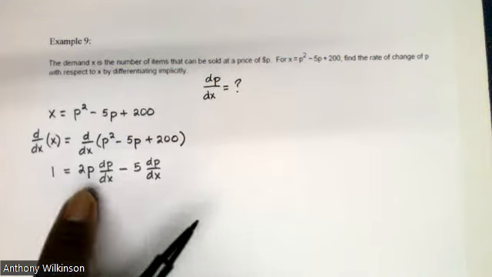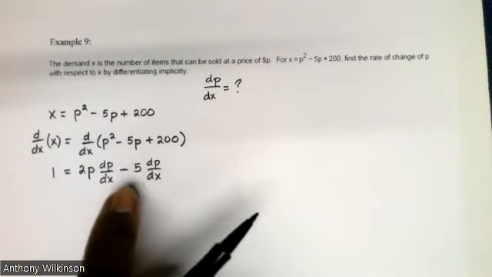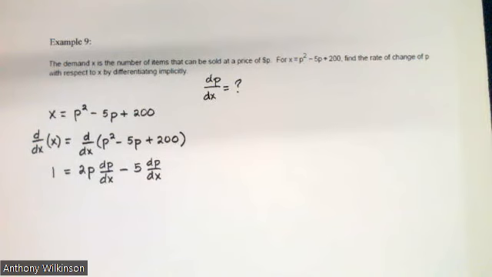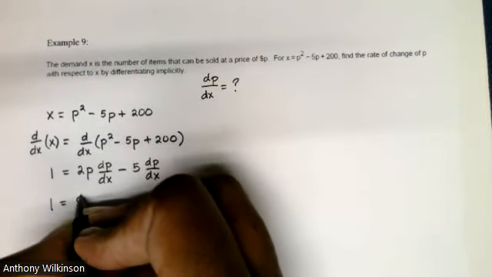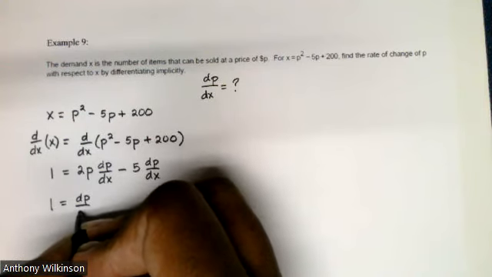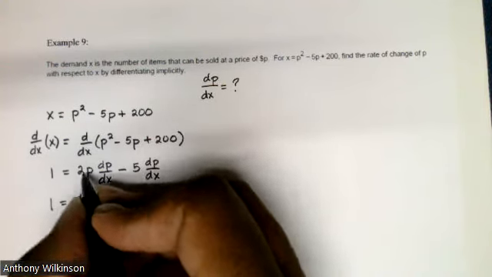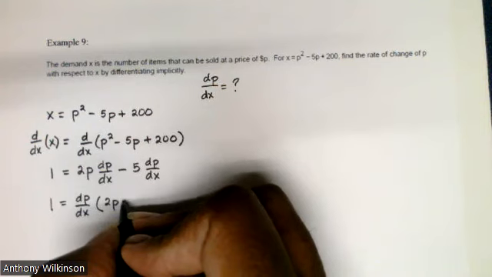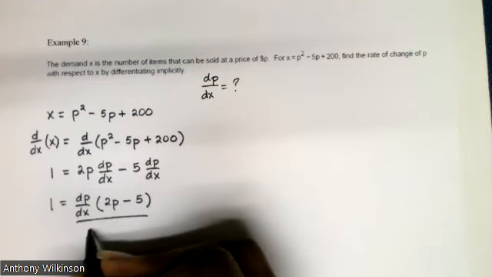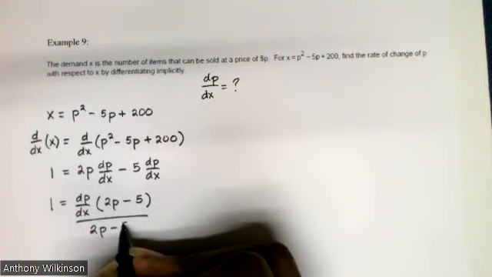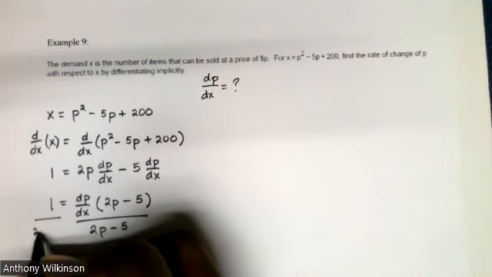Now, since I have dP/dx on both sides, on the right side I can go and factor out the dP/dx. So I'm left with just 2P minus 5 in the parentheses. Now I can easily get dP/dx by itself by dividing both sides by 2P minus 5.